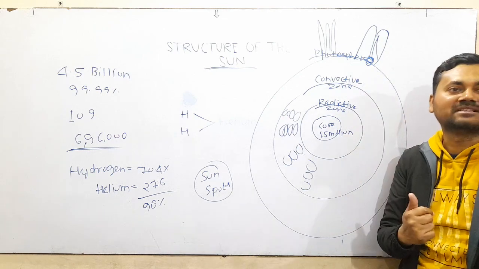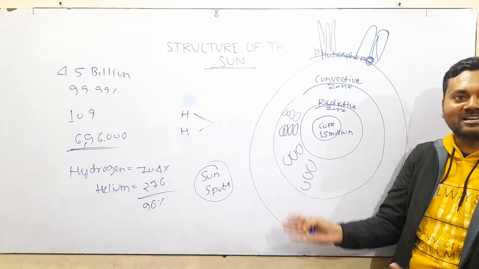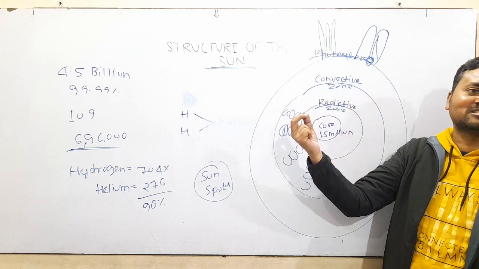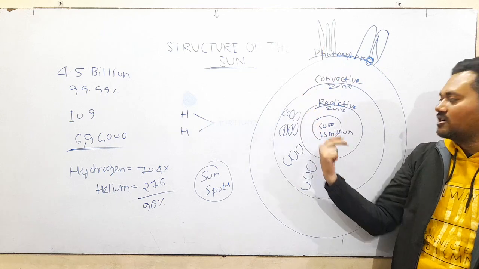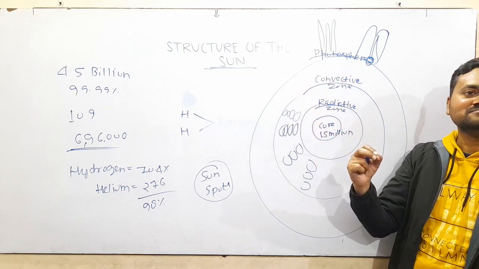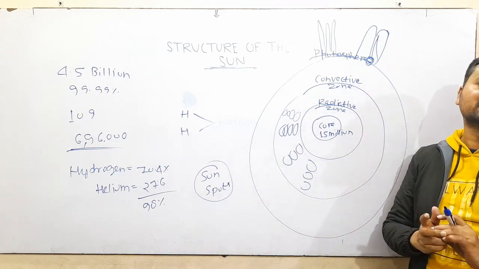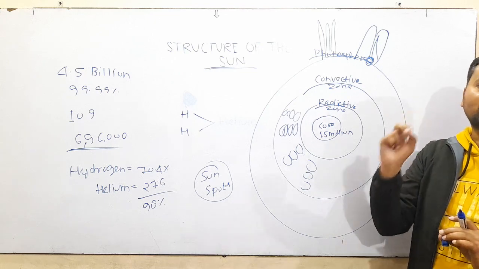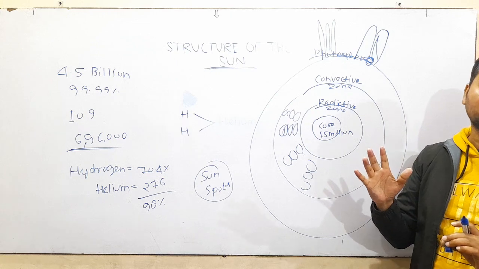However, they are not cool. If you compare this from the earth, even this much temperature is very high. But when your reference point is 6,000 or 15 million, then certainly this temperature, 1500 degrees Celsius, is nothing. And because of this, we call them the cool points.